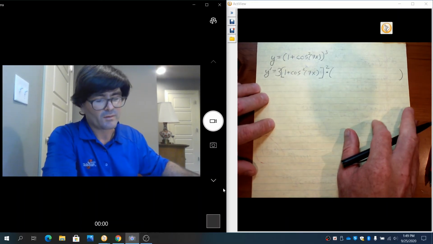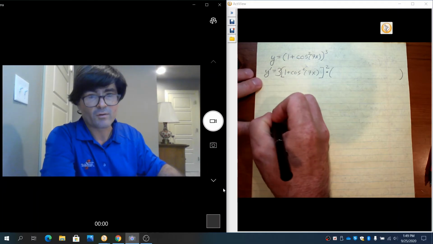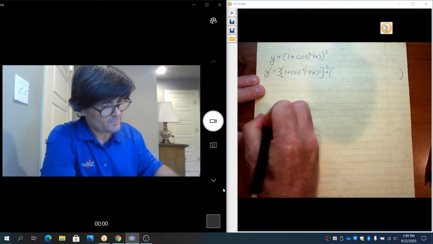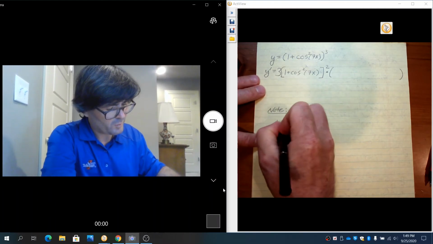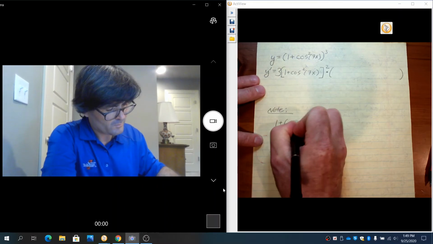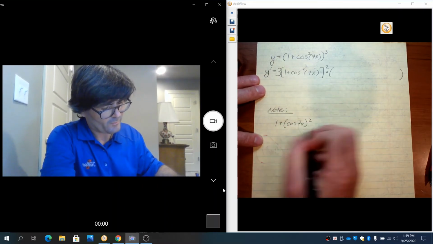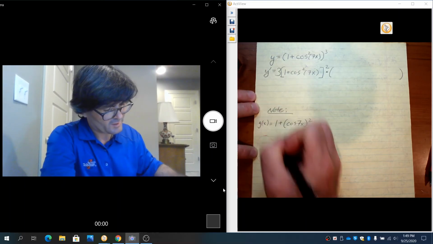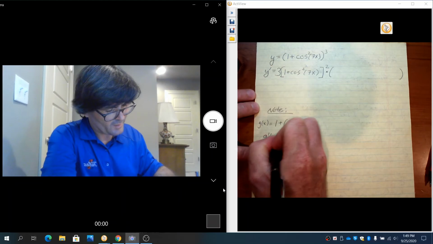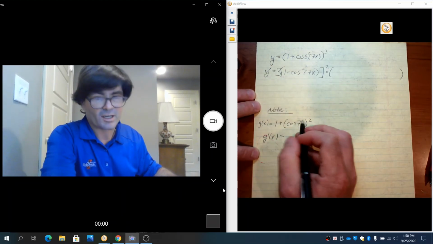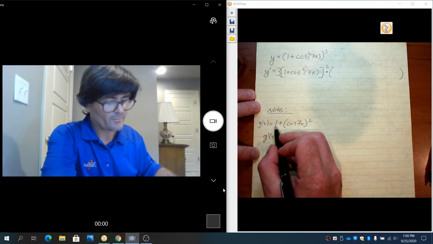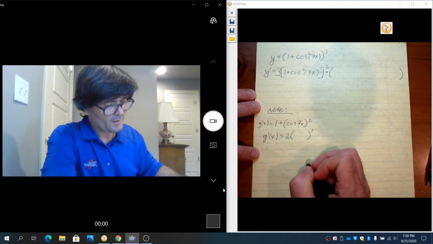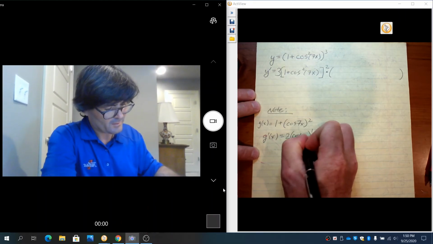So let's go down here for a minute and just make a note. If you have 1 plus cosine of 7x squared, say that's g of x, the derivative itself is going to be a chain rule. The derivative of 1 is 0, thankfully. 2 comes down here and drop the power by 1. Rewrite cosine 7x.